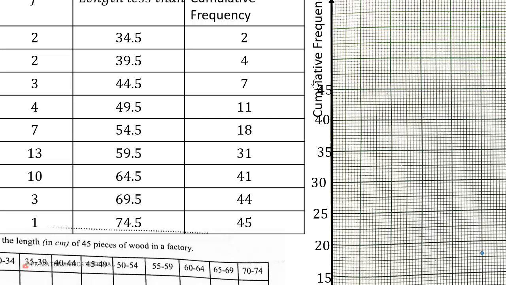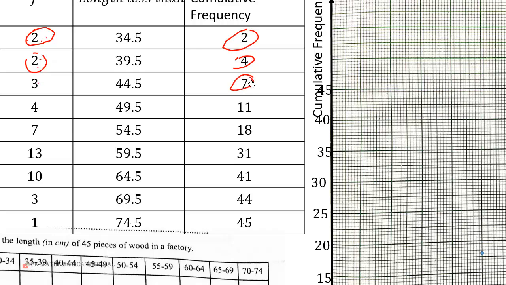For cumulative frequency, we add all the frequencies up to the current frequency. That gives us 2. Then up to this current frequency, 2 plus 2 is 4. Then 2 plus 2 plus 3 is 7.